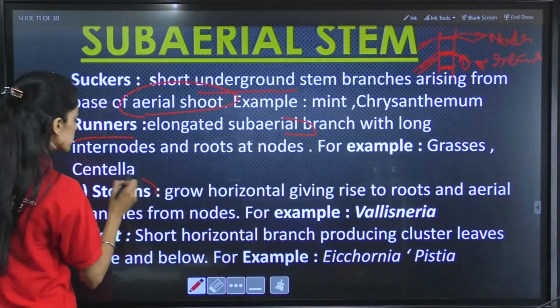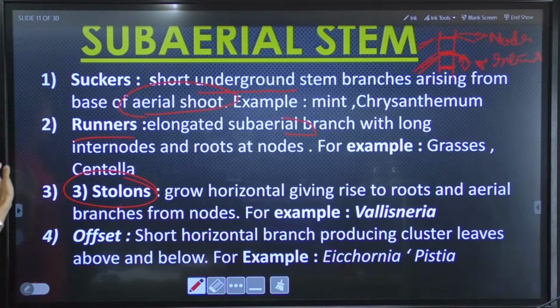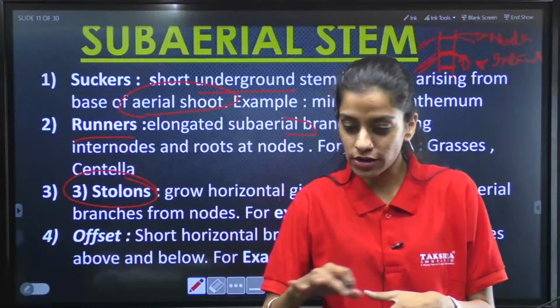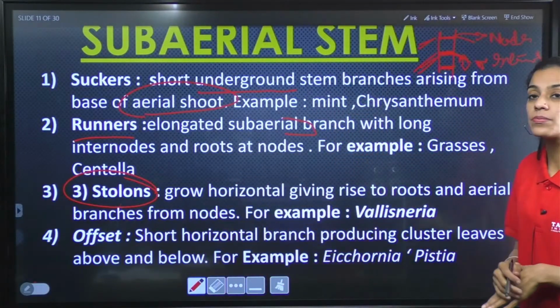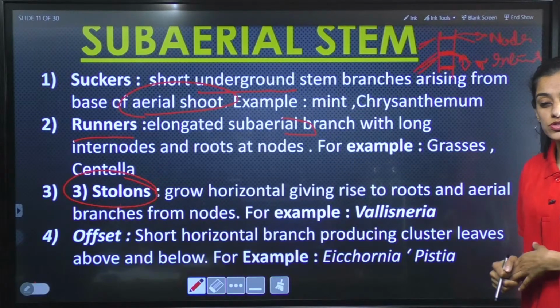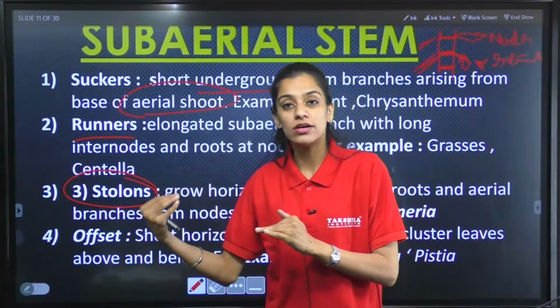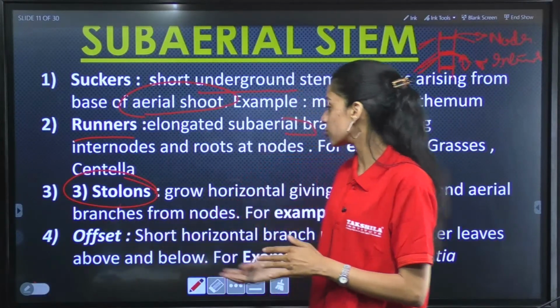The third is stolon. A stolon is one that grows in a horizontal direction, giving rise to roots and aerial branches from the node. It depends on whether the branches touch the ground or the stem, so it keeps on going like that.